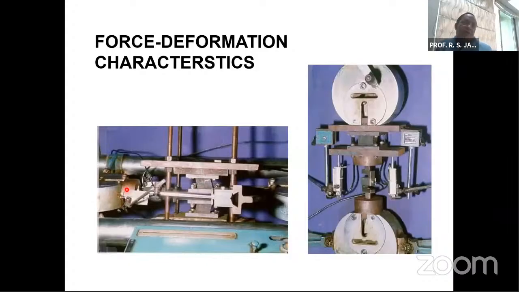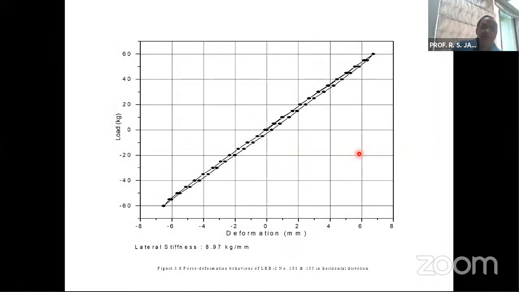And with the help of the cell and other devices, the displacement and the force were measured. On the right hand side picture, you can see the testing of the isolation system in the vertical direction. This was the force deformation behavior in the lateral direction, and one can see that it's almost a linear behavior in the horizontal direction.